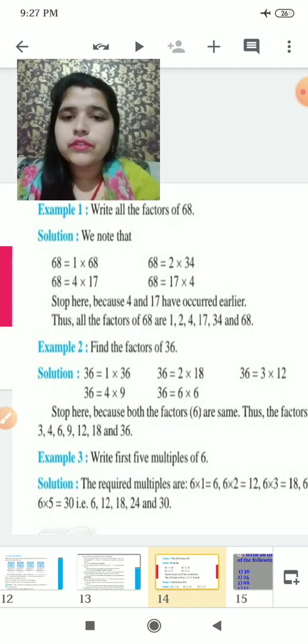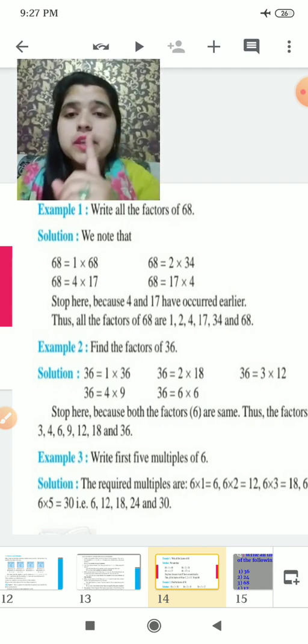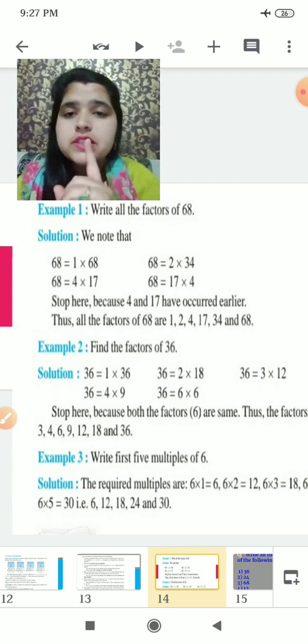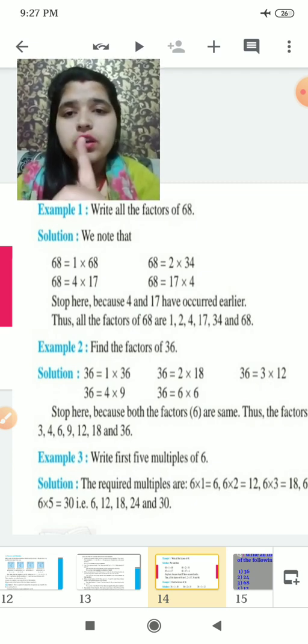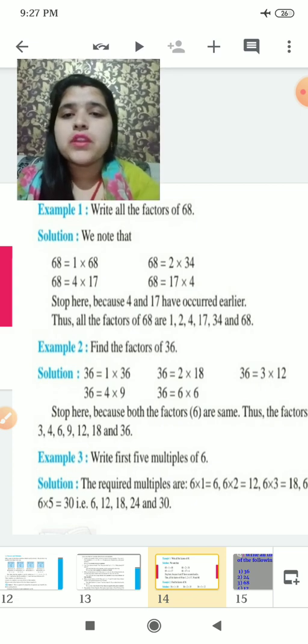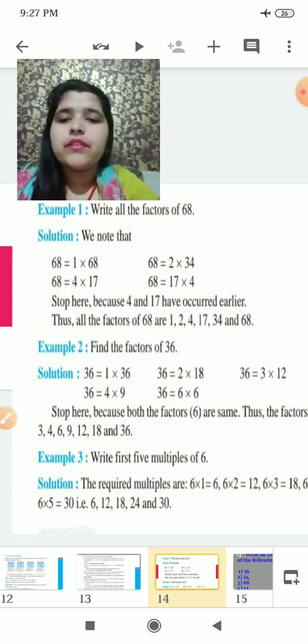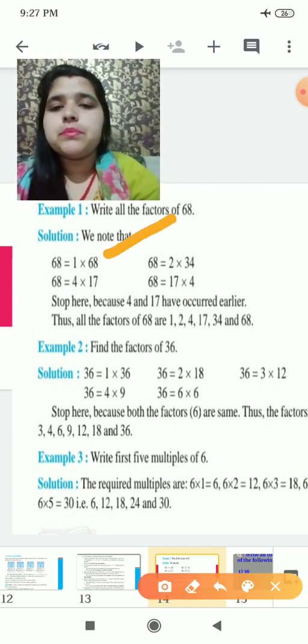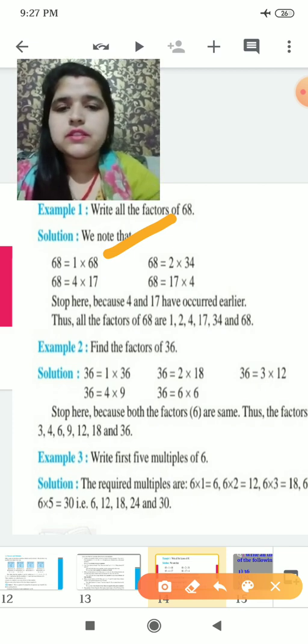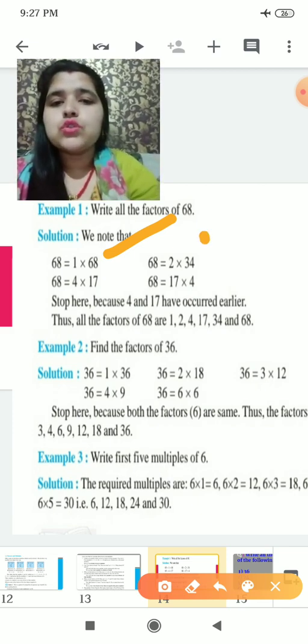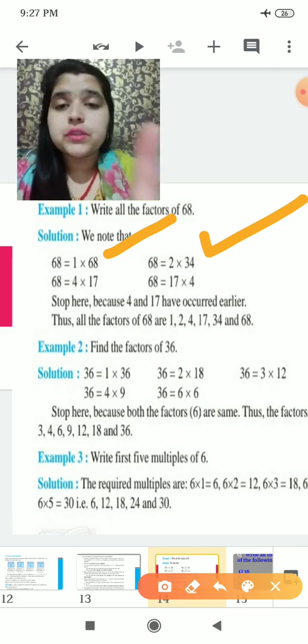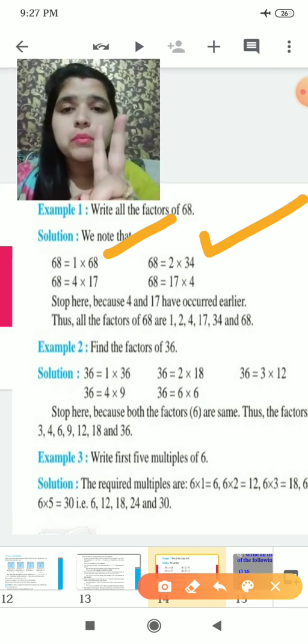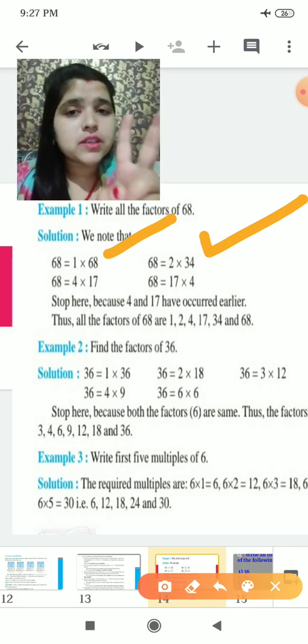Okay, 1 will also be a factor of 68, and the second point was that the number itself will always be a factor of the number. So first we have 1 multiply 68. Second we have 2 multiply 34. It means you have to take two numbers. When you multiply these two numbers, you will get a product.